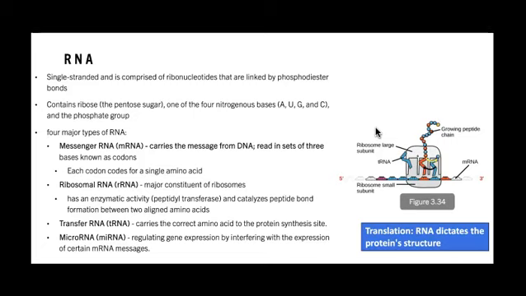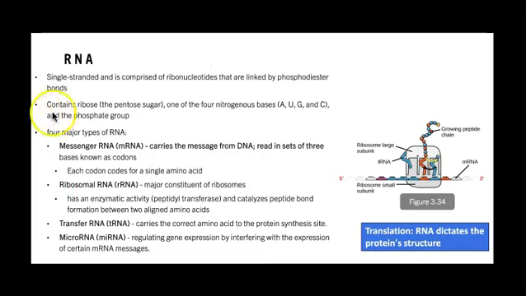So let's discuss RNA. So much to go through here. RNA, instead of having that double helix look to it, is going to have a single strand, and it will contain the ribonucleotides. So like we said, we'll have adenine pairing with uracil and guanine pairing with cytosine.